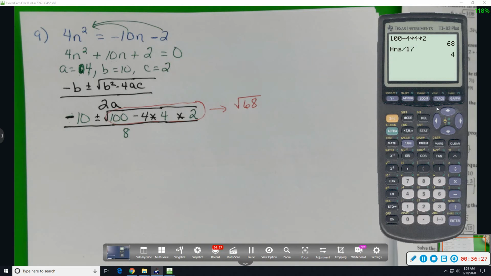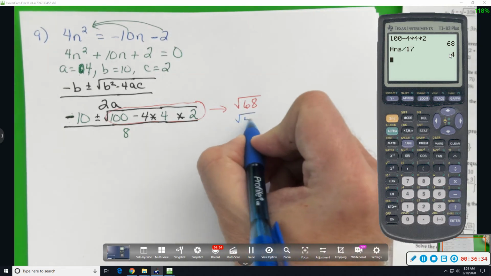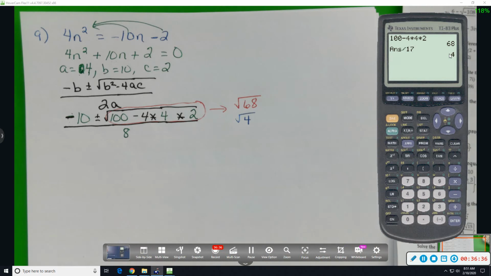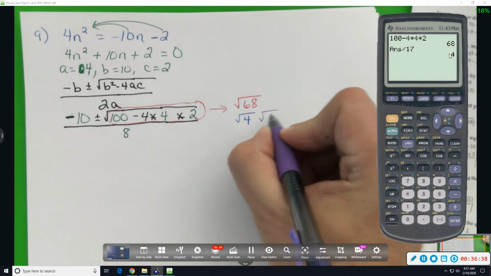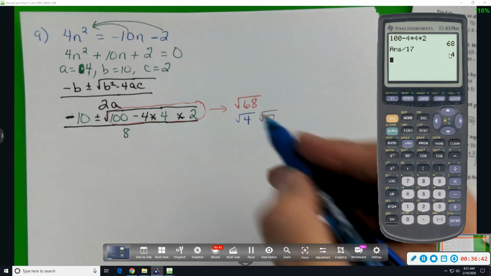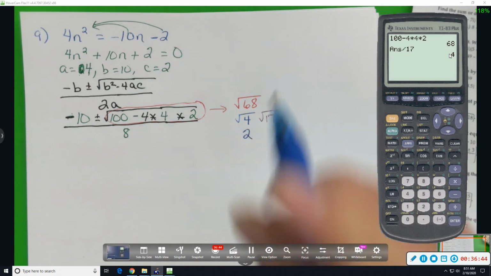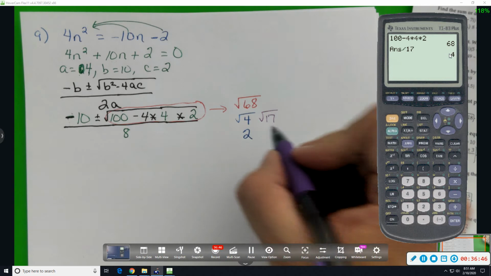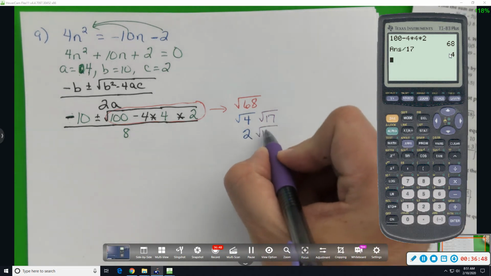Yeah, and it's that perfect square 4. So I think of 68 as 4 times 17, which reduces to 2 square root of 17.